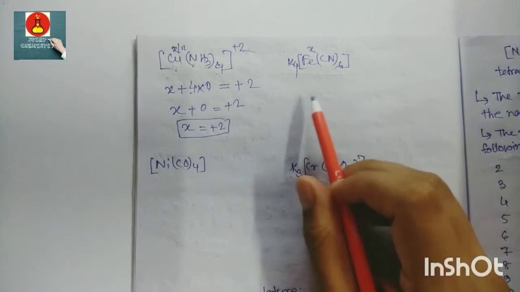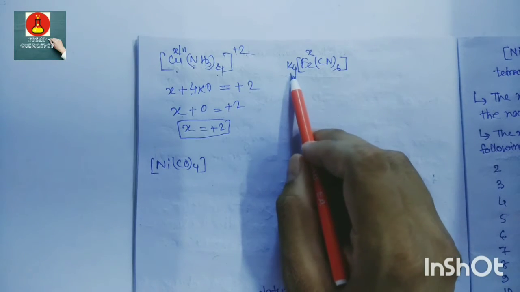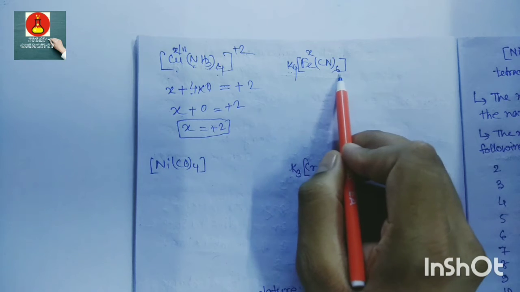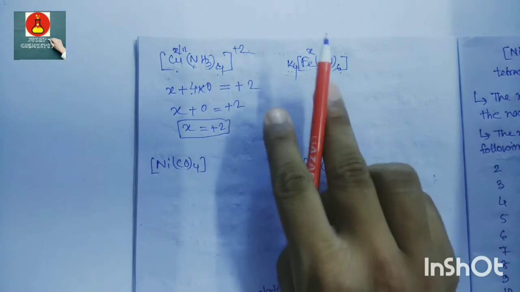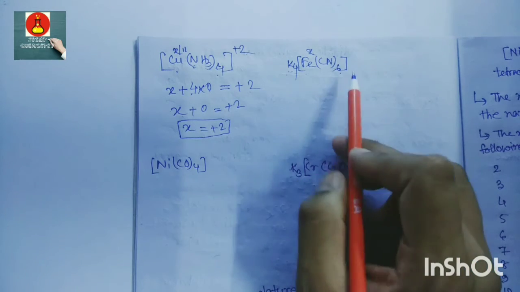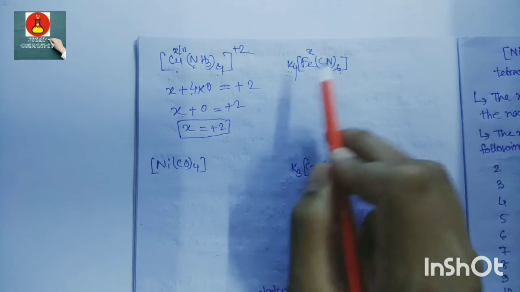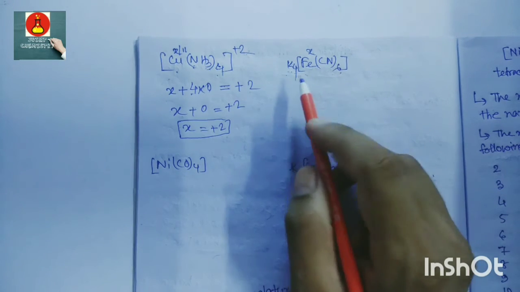Now for this complex, there is K4 and in the bracket Fe(CN) whole 6, right? Now we can do this in two ways. We can consider it as a neutral complex and calculate the charge of the Fe this way.